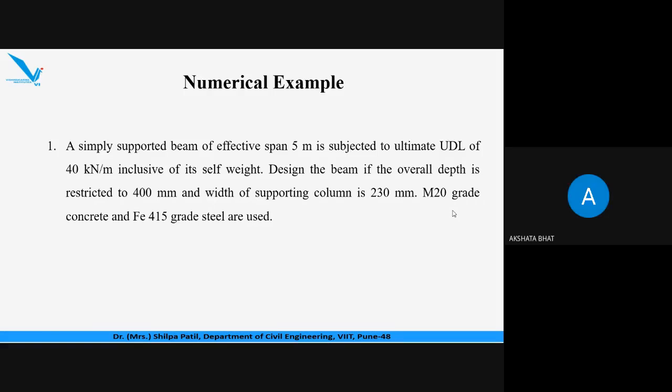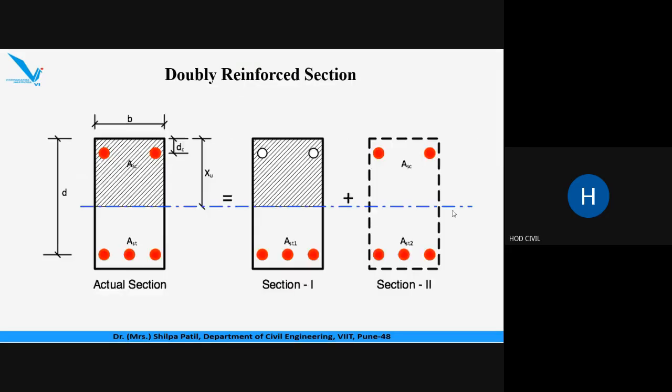Yes, ma'am. Okay. Now, before going to the solution, let me recall the concept of doubly reinforced section. If you remember, this is the diagram which I used to explain the concept of doubly reinforced section. When we wanted to find the moment of resistance given by the doubly reinforced section, we considered the entire section divided into two sections, section 1 and section 2.